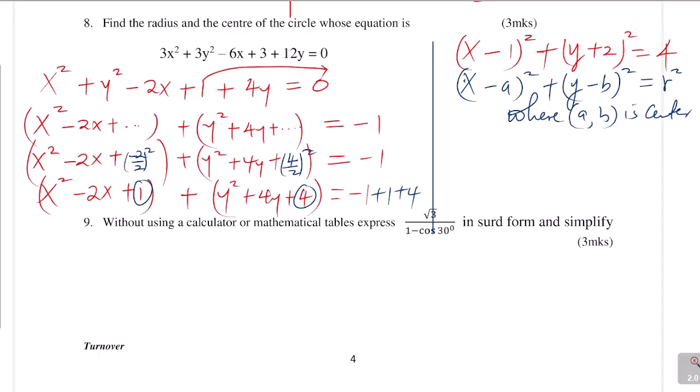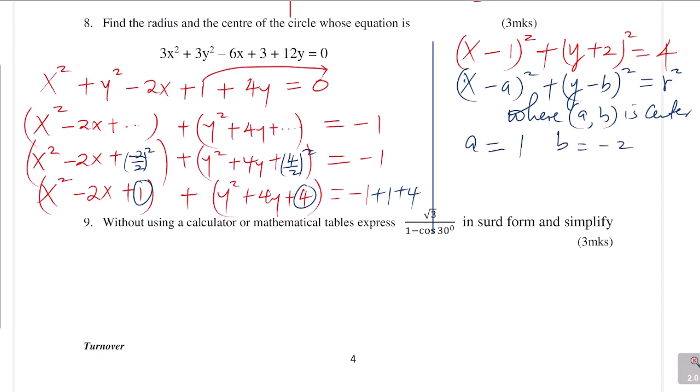So if you simply compare these, you can get the value of a. Negative 1 is equal to negative a, so therefore a is equal to 1. Then compare these: positive 2 is equal to negative b, so b is equal to negative 2.